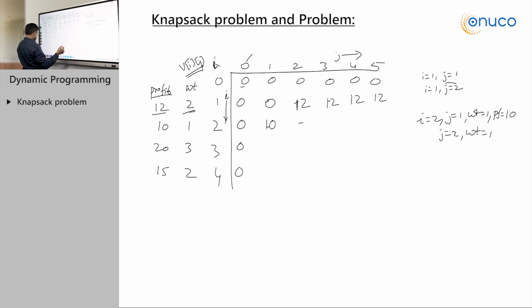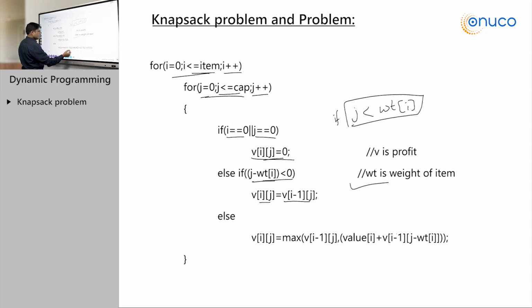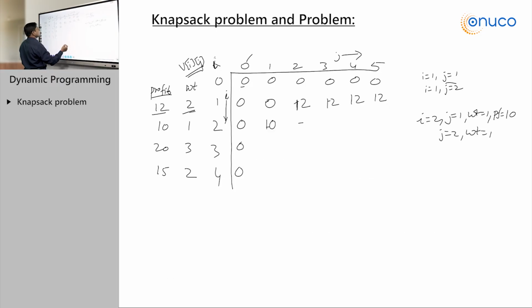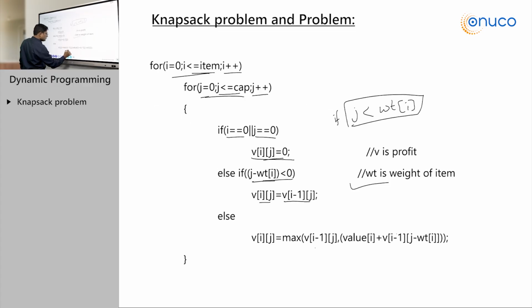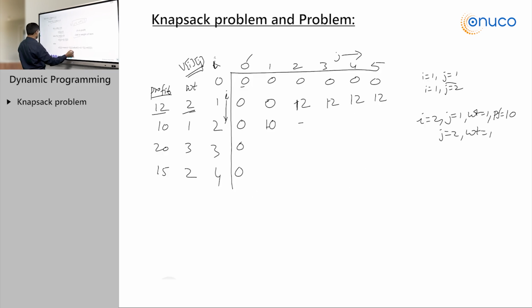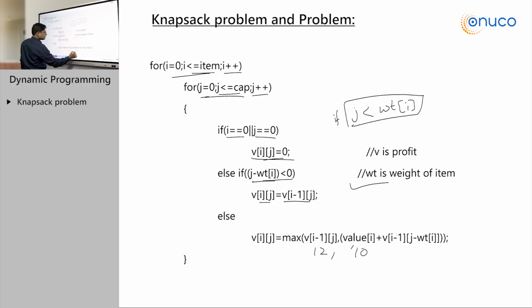Max of V of i minus 1, j. Previous row, same column. What is the value, friend? 12. So we are writing here 12, comma. Value of i, the value of the current element, is 10. So we write 10 plus V of i minus 1, previous row, j minus weight, j minus w of i.